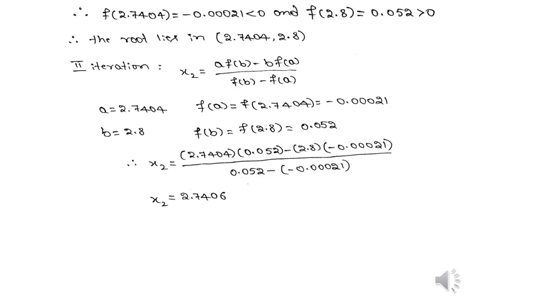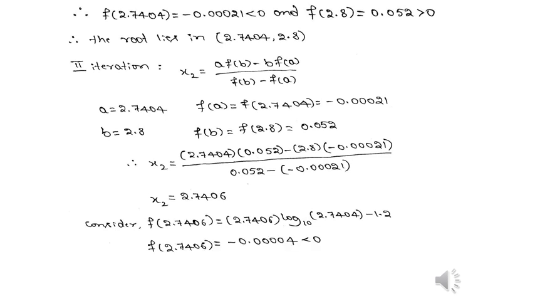You got x2. As usual we again find what is f of x2, because we know we need to go for third iteration. So f of x2 is negative. Now we select the value for which the functional value is positive. Yes, here is the positive one.